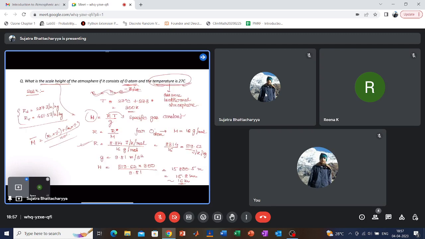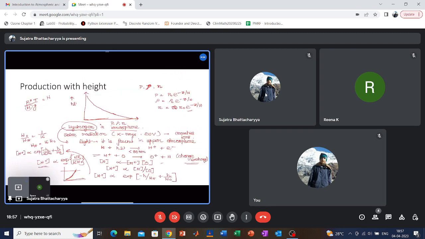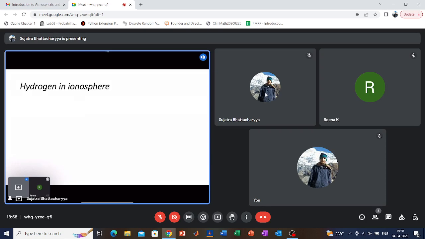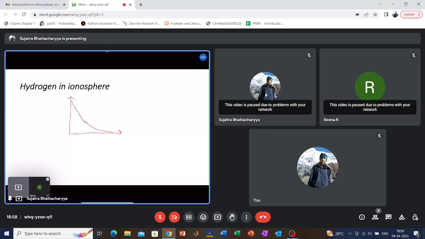Hydrogen in the ionosphere I have also done, so I have to skip this slide. Yes, so hydrogen in the ionosphere behaves something different. All other gases go like this: this is your n, this is your height.